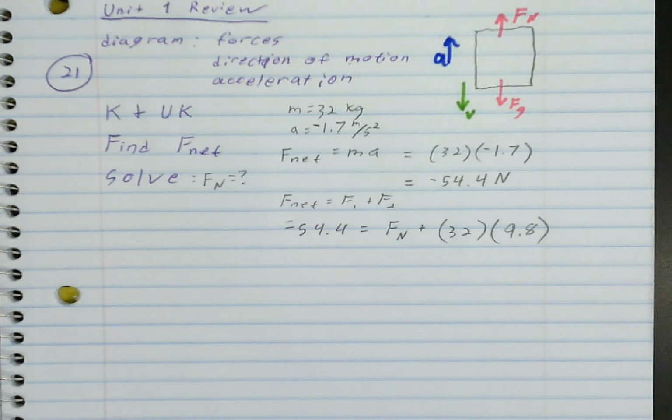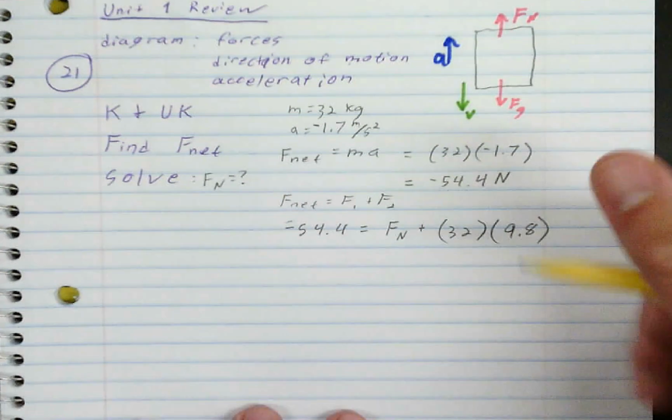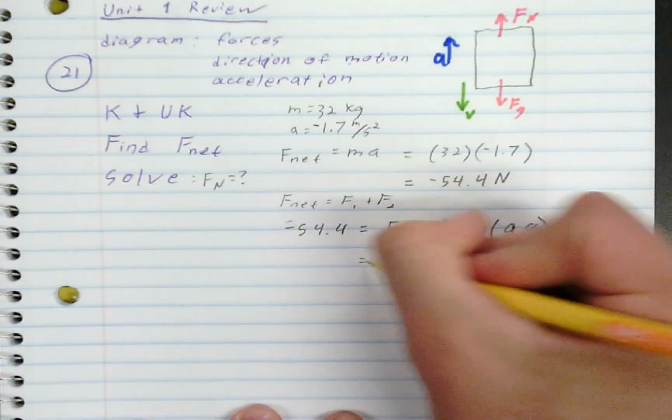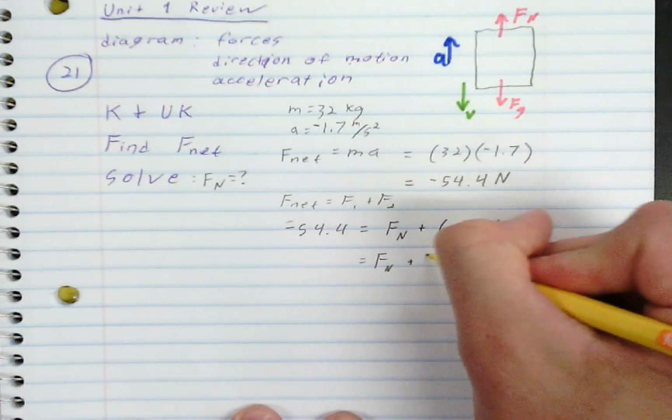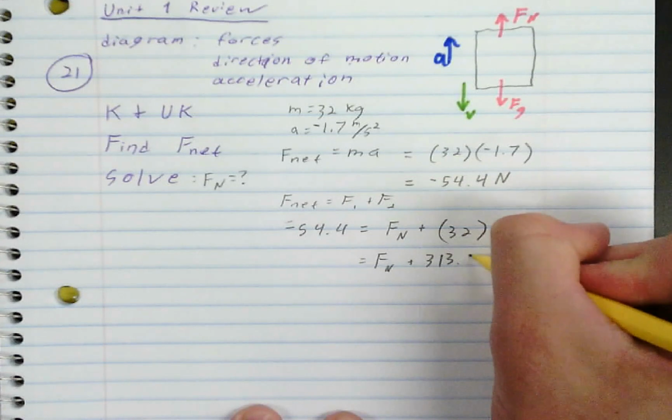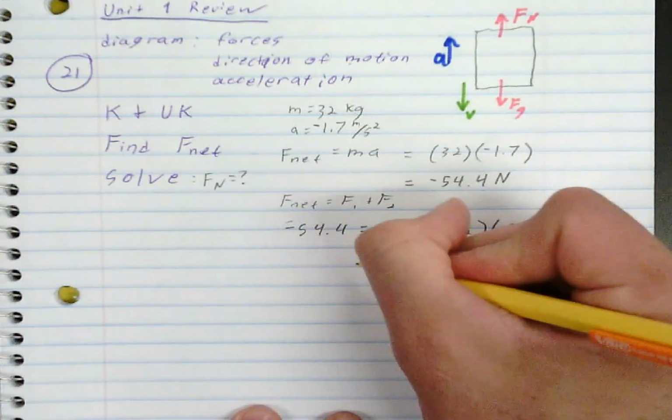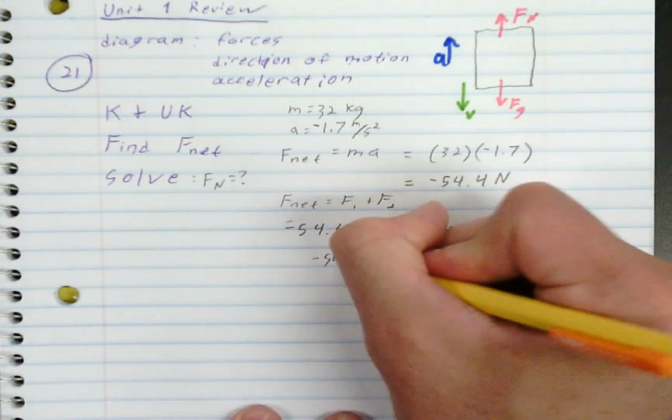Which is 313.6. Is that right? Come on, mental math. Ah, close. Close. Fn plus 313.6 equals the negative 54.4.